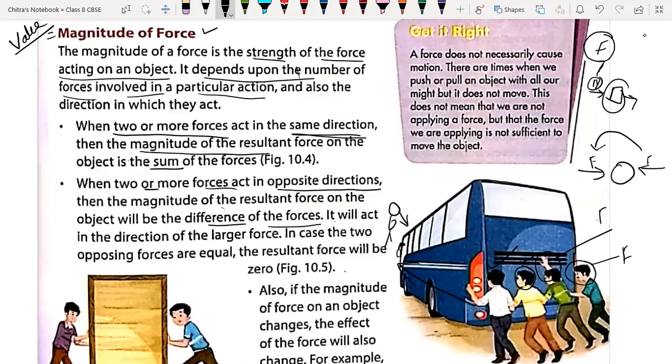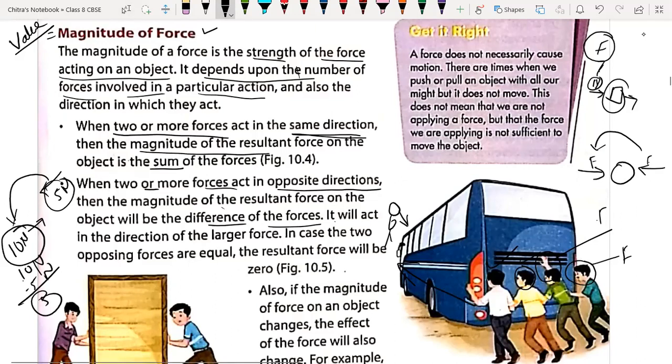Then the magnitude of the resultant force on the object will be different. Suppose we are applying 10 Newton of force in this direction and 5 Newton of force in the opposite direction. Then the smaller force will decrease the other, so the resultant force will be 10 minus 5 Newton, which is 5 Newton.